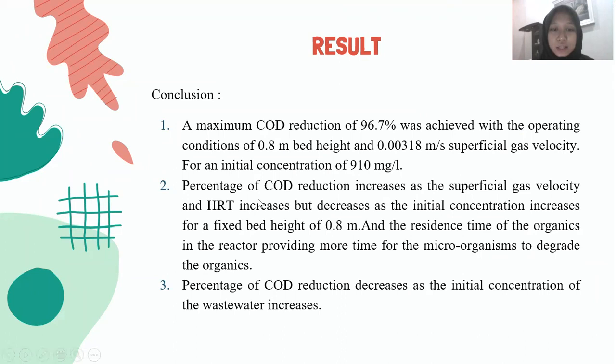Number 2, percentage of COD reduction increases as the superficial gas velocity and HRT increase but decreases as the initial concentration increases for a fixed bed height of 0.8 meter.